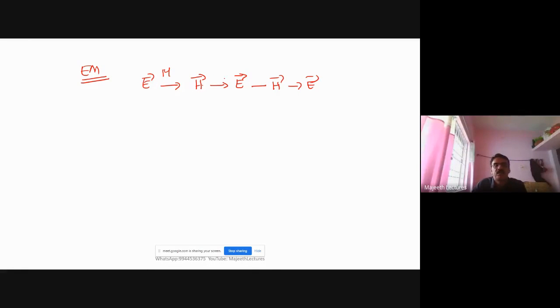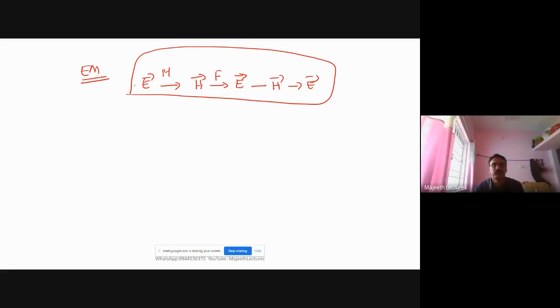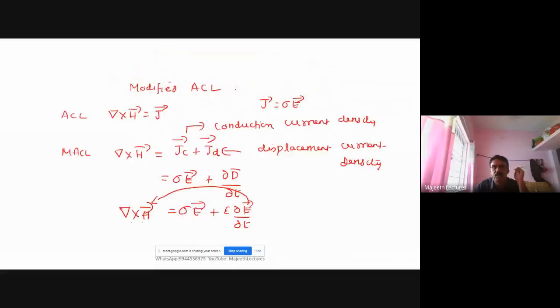When magnetic field changes, it will create electric field. That's Faraday's theorem. So electromagnetic wave, right? That's why the wave is able to propagate from one point to another point due to this mutual change. And the next thing you have to know is, what is the difference between Ampere circuital law and modified Ampere circuital law? This J_D, right? So J_D is the biggest contribution of Maxwell. What has Maxwell done?